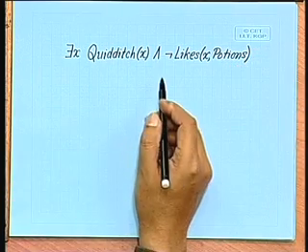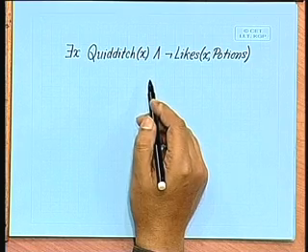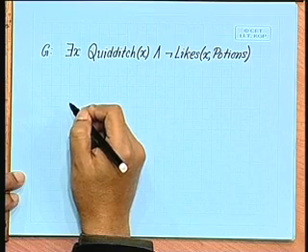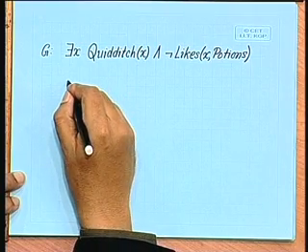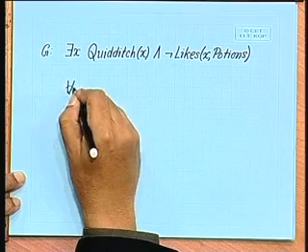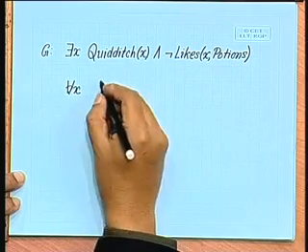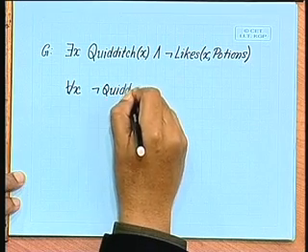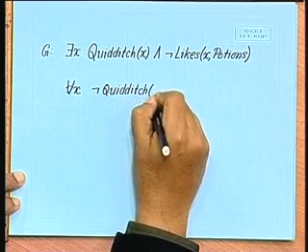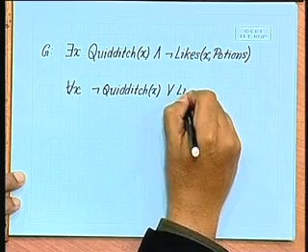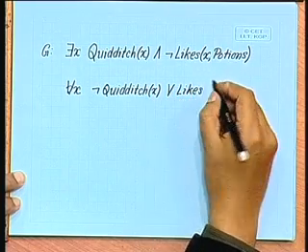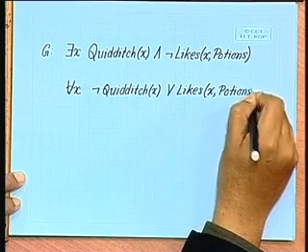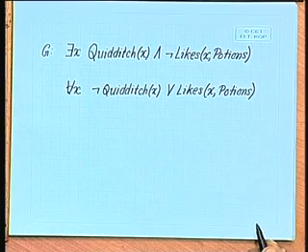So, if we take the negation of this goal, this is the goal G, then not of G is for all x, then... Okay.